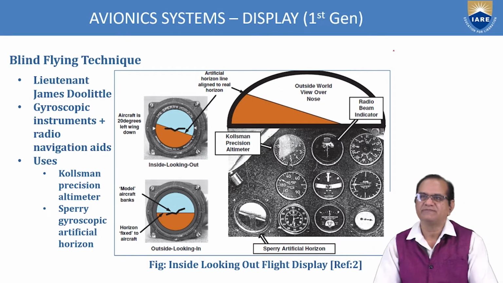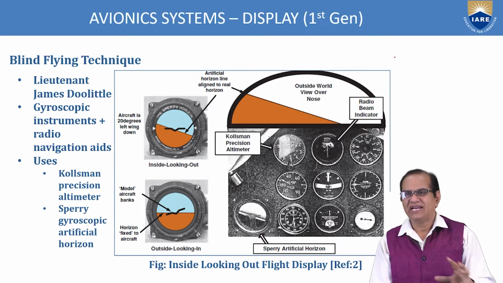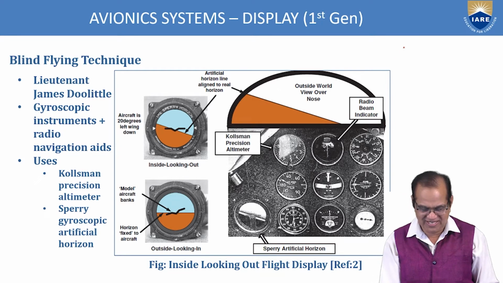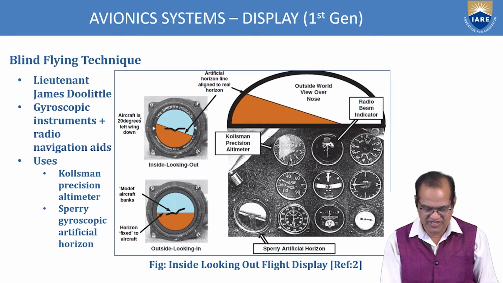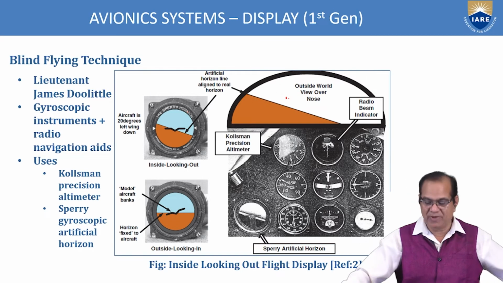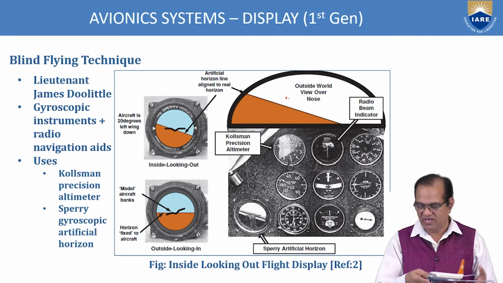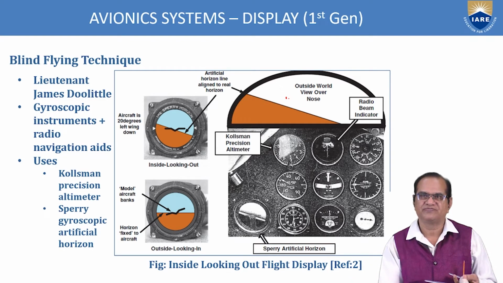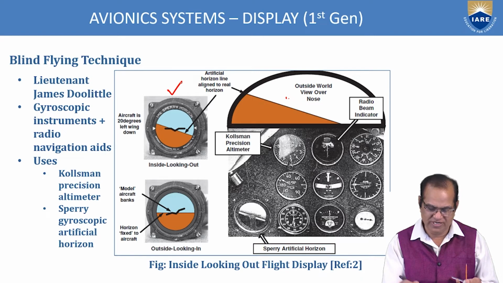So if you see here, a little improvement, this you can see here. Here the aircraft is 20 degree left wing down. So if it is falling like this, this is the equipment here. It will show that the aircraft is banking. I am just discussing this equipment.